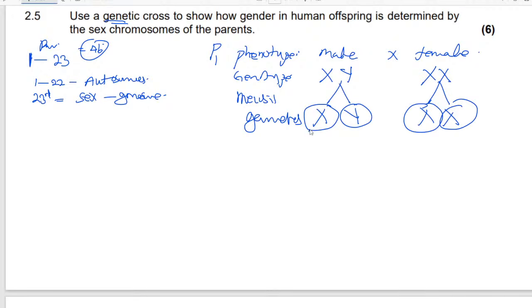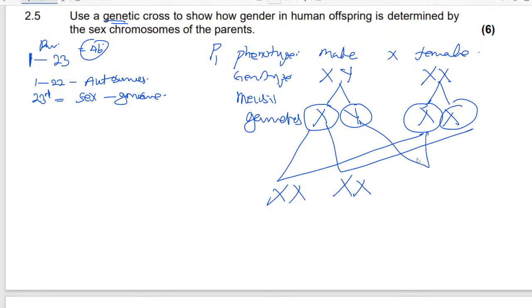Then fertilization occurs. This is X, X. This is X, X. This is X, Y, and also this is X, Y. So basically that is it.